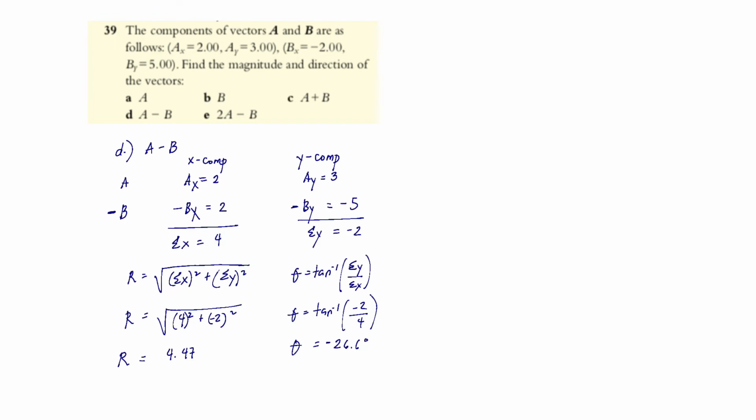So the answer is negative 26.6 degrees. Let me write it as a minus b: we're gonna have 4.47 at negative 26.6 degrees.